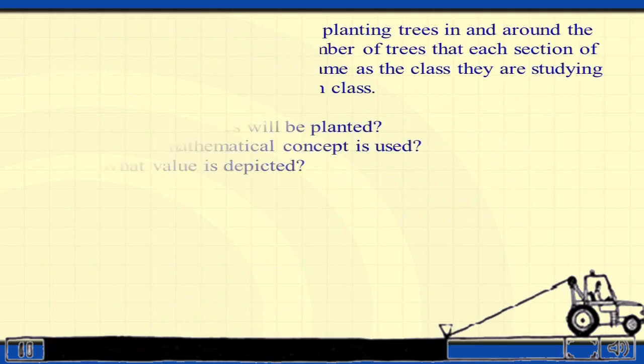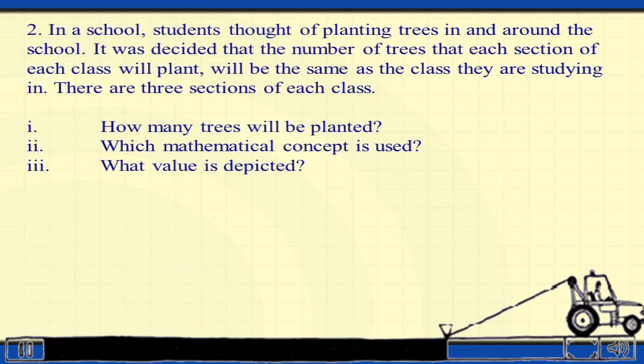In a school, students thought of planting trees in and around the school. It was decided that the number of trees that each section of each class will plant will be the same as the class they are studying in. There are 3 sections of each class. How many trees will be planted? Which mathematical concept is used? What value is depicted?